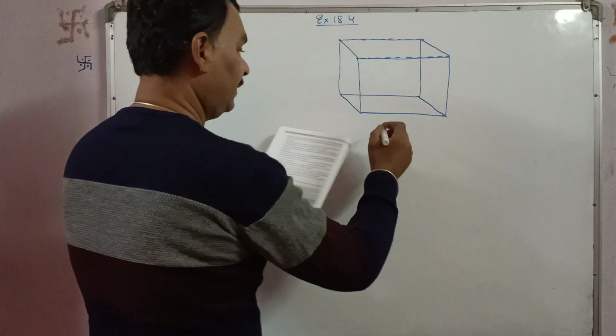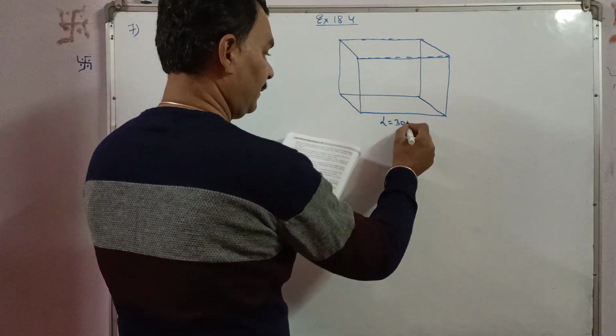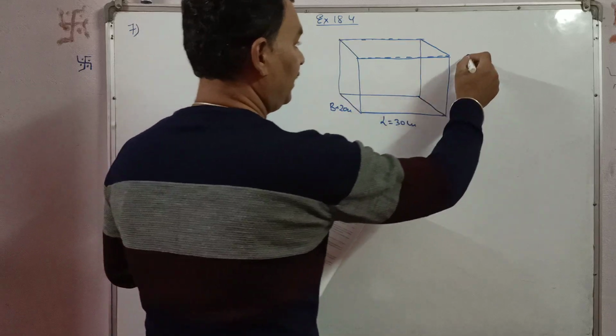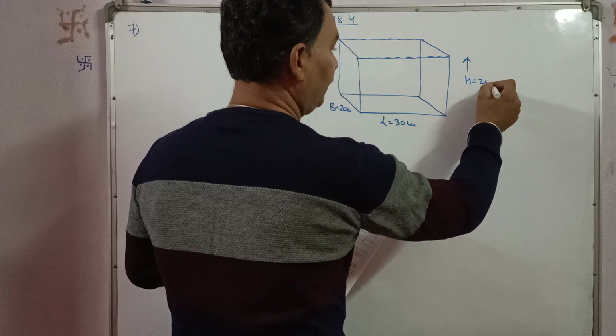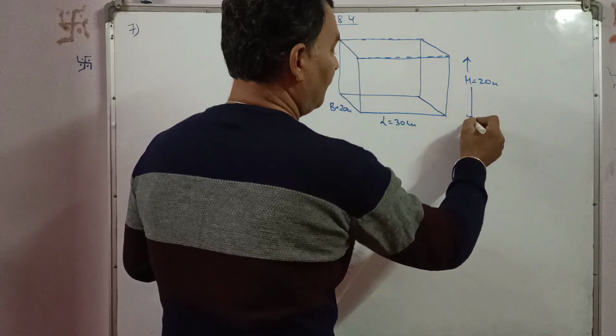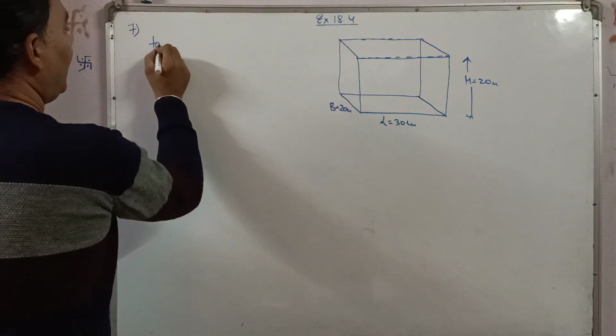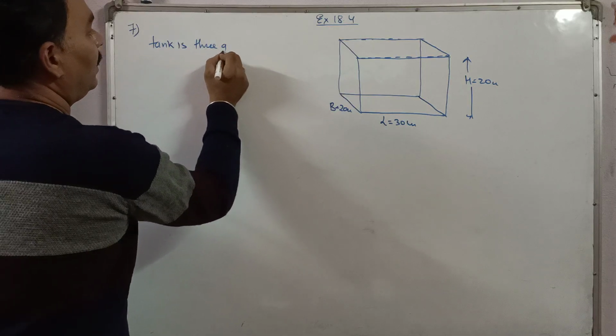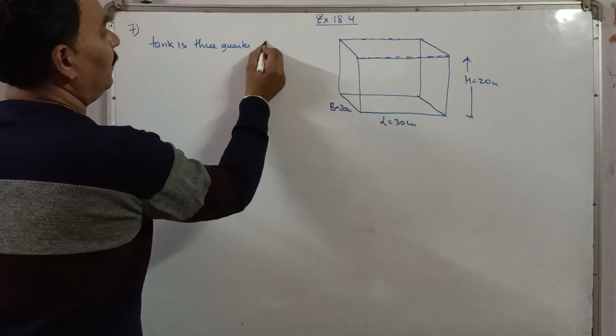Now the length is given, 30 centimeter, breadth is given 20 centimeter and the whole height of this is given 20 centimeter. But they are saying the tank is 3/4 full.